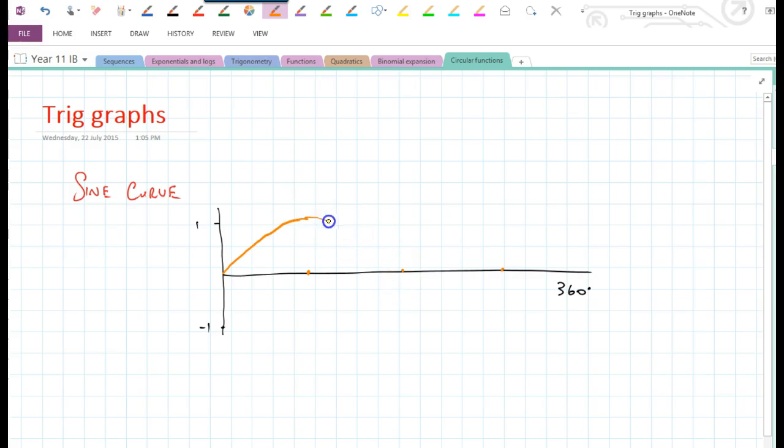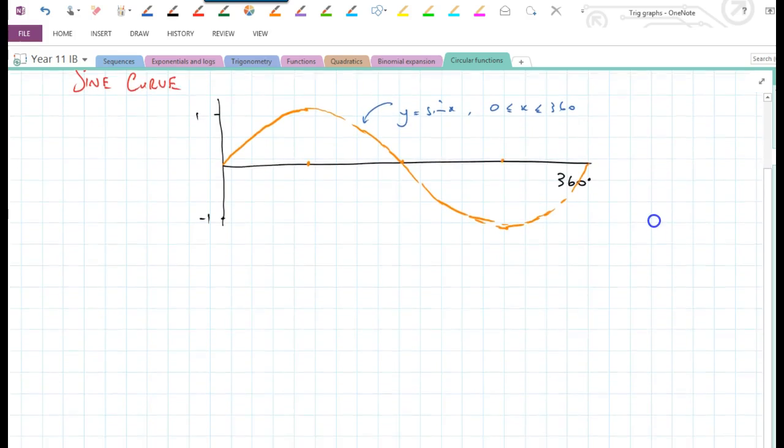It goes through the x-axis here at 180 degrees, and it'll reach -1 at 270. That's where we've got 360 degrees there. So that's y equals sine x for x being from 0 to 360 degrees. That's the sine shape along that domain.